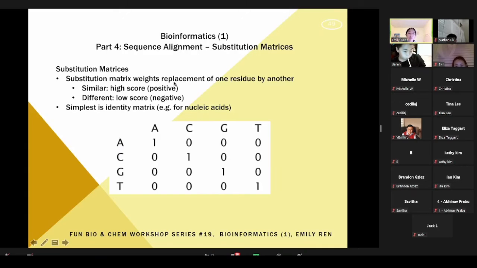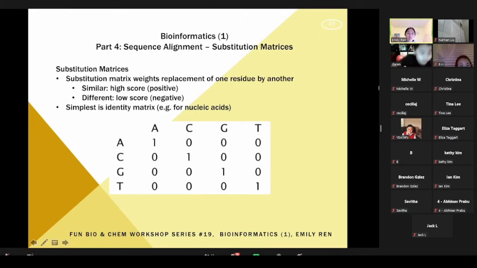For substitution matrices, they can weigh replacements of one residue by another, and a similar score in a substitution matrix. For similar sequences, we get higher scores in substitution matrices, and these scores are often positive. If we have 2 very different replacements of residues, we have a low score or negative score.